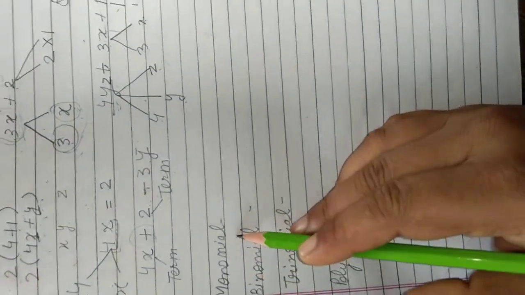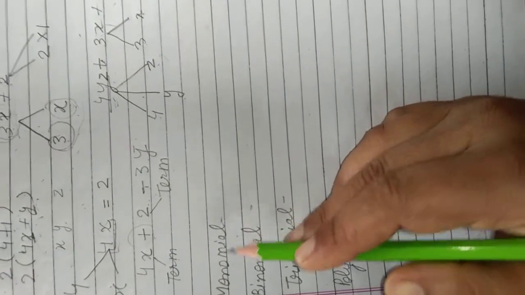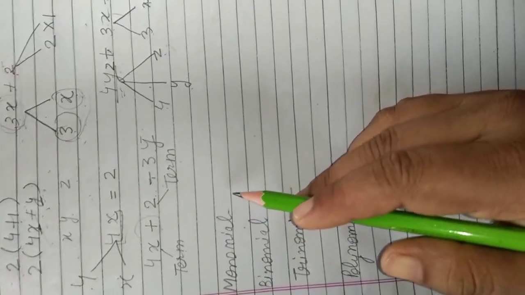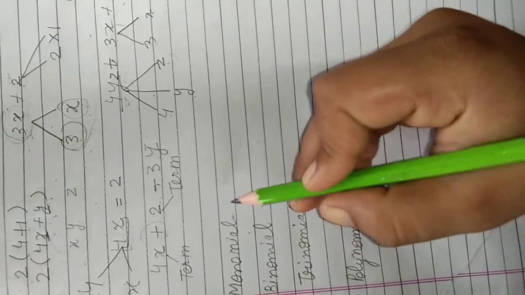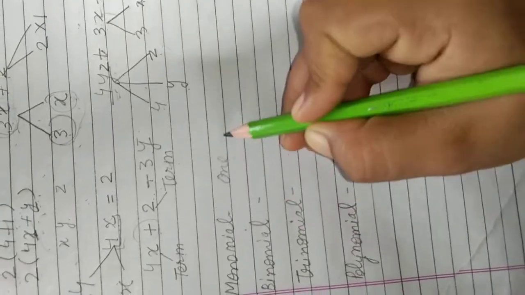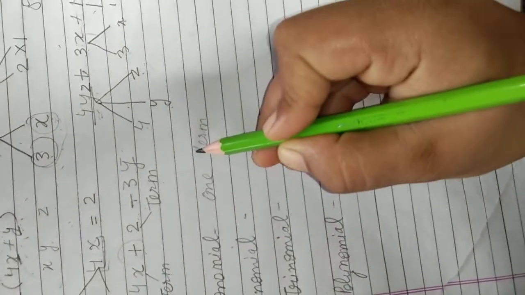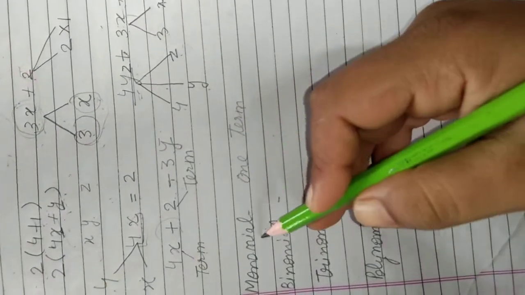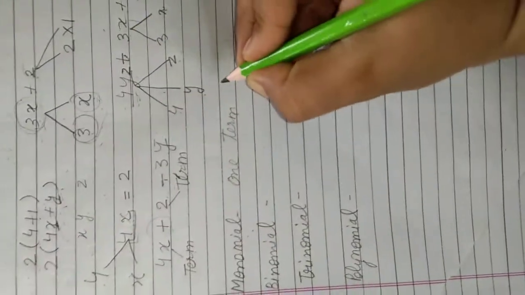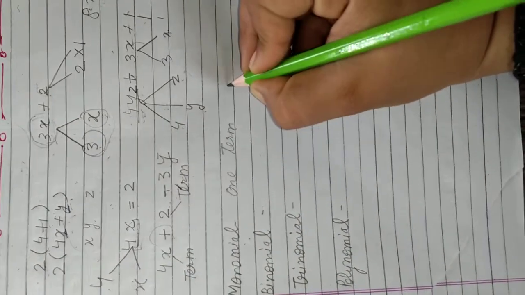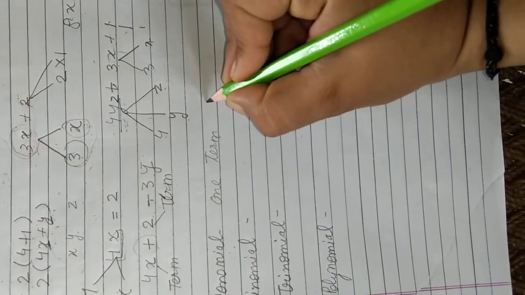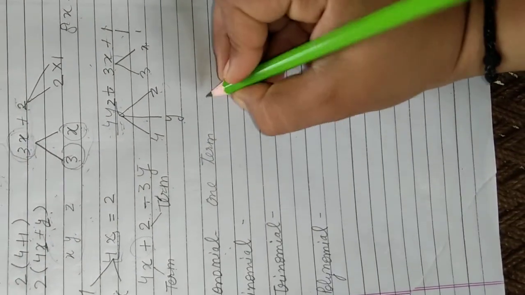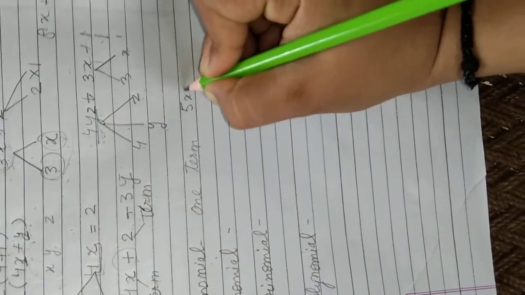So now what is a monomial? A monomial is a type of algebraic expression which has only one term. If you have an algebraic expression that has only one term, it is a monomial. For example, suppose you have the algebraic expression 5xy.